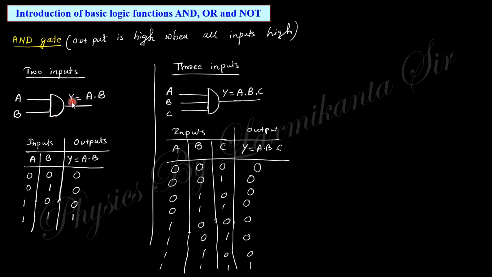So for 2 inputs, this will be A into B. The truth table will be like that: 00, 01, 10, 11. Product of 0, 0 is 0, product of 0, 1 is 0, 1, 0 product is 0, 1, 1 product is 1. So when all the inputs are 1, output is 1. When all the inputs are high, output is high. In case of 3 inputs, only when all the 3 inputs are 1, the output is 1, otherwise it is 0. This is the AND gate.